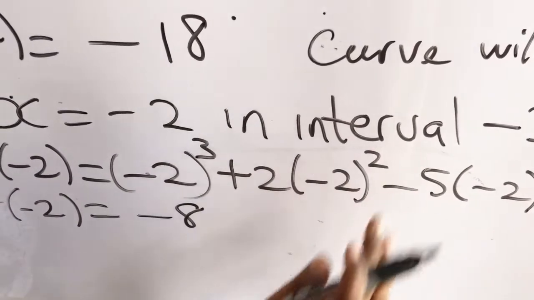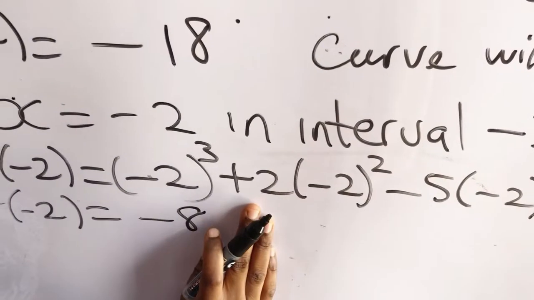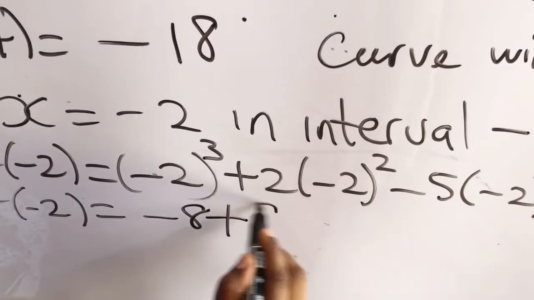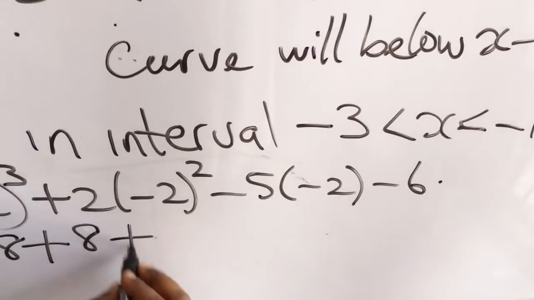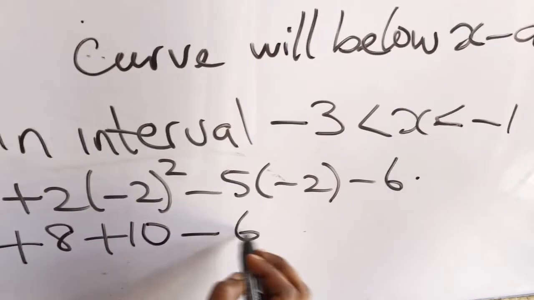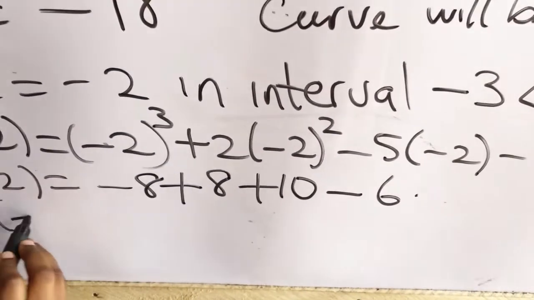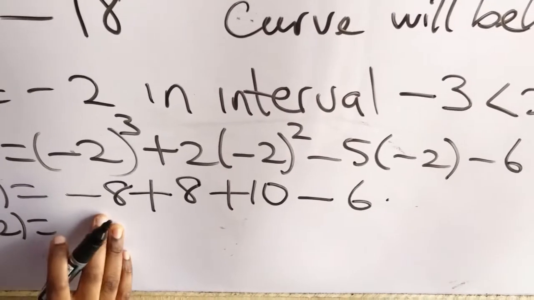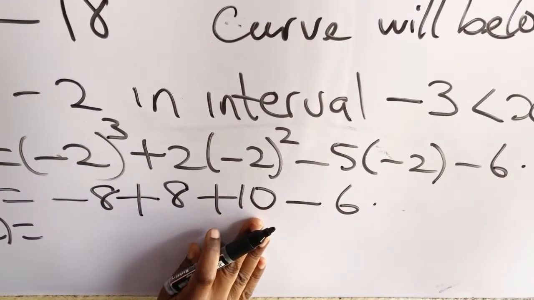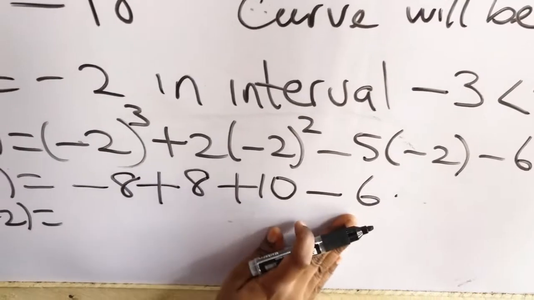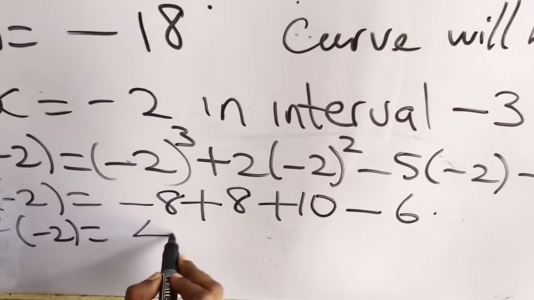Minus 2 squared is 4. 4 multiplied by plus 2 gives plus 8. Minus 5 multiplied by minus 2 gives plus 10. Then minus 6. So f of minus 2 will be equal to minus 8 plus 8 is equal to 0. 0 plus 10 is plus 10. Plus 10 minus 6 is equal to 4.